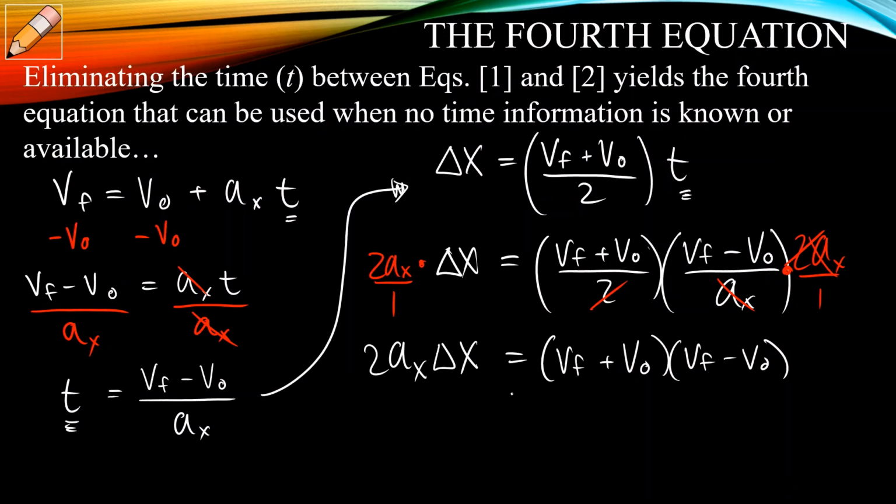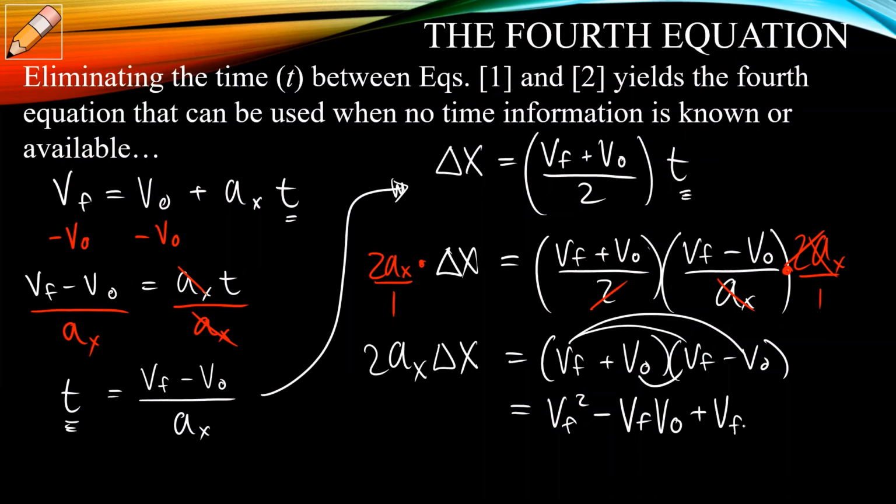And when you FOIL that out, you would multiply these 2 terms together, and you get the final velocity squared. You'd multiply these 2 terms together, and you get the negative of the final velocity times the initial velocity. You're going to multiply those 2 terms together, and you're going to get the positive of the final velocity times the initial velocity. And when you multiply those last 2 terms together, you're going to get the negative of the initial velocity squared.